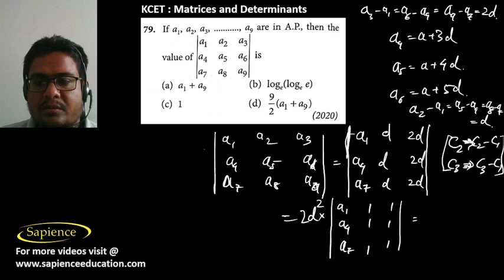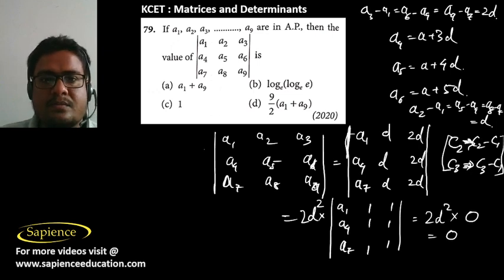Here the second column and third column are identical. Therefore, the value of the determinant will be 0. So the answer is 0.